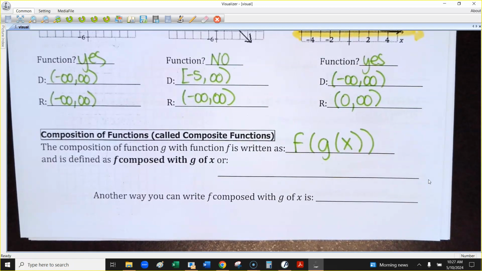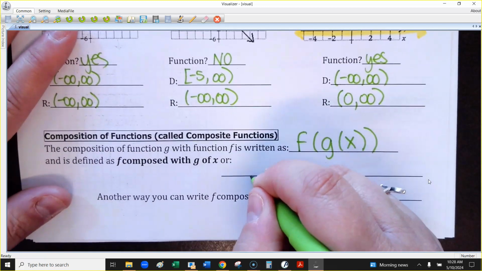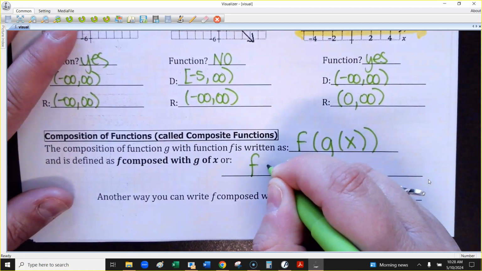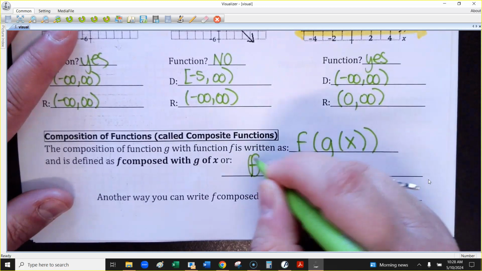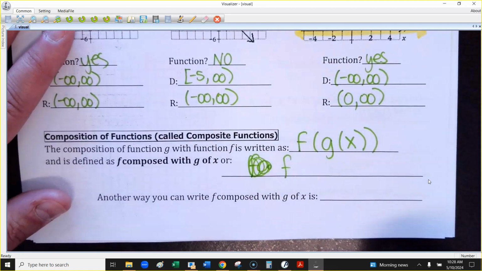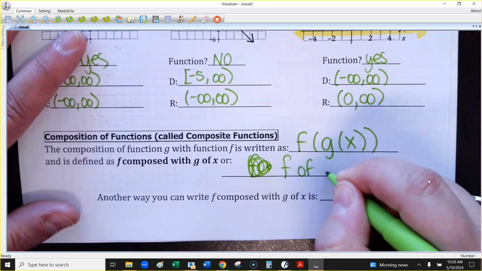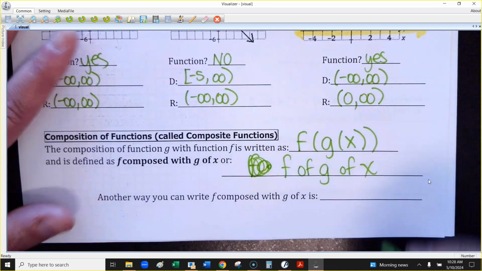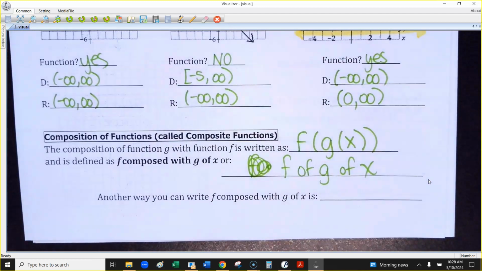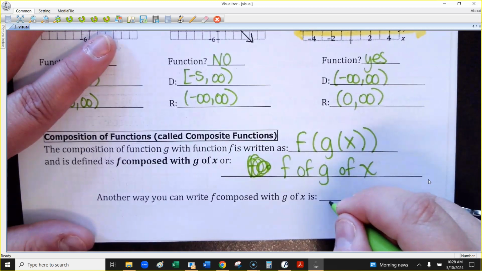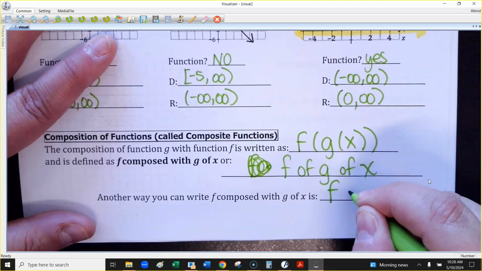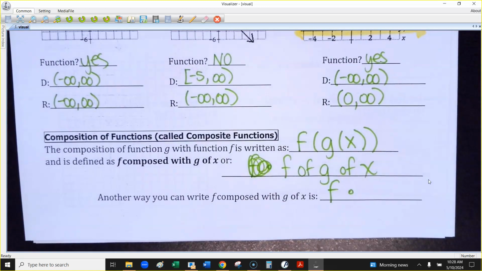Okay, and it's defined as f composed with g of x. The other way you can write this is f and then, oh no, forgive me, how you would read it. f of g of x is how you would read it. The other way you can write it is the bottom line here. This is f, and then it's like a weird little open circle.